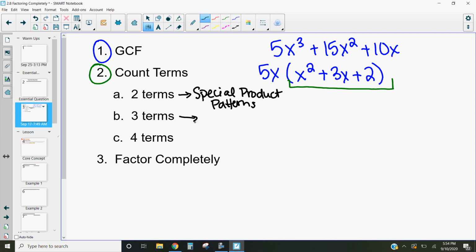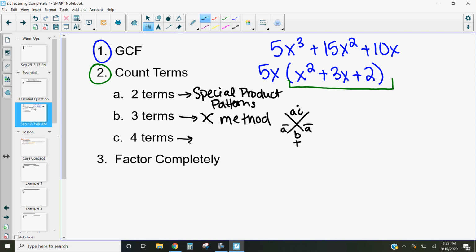This next case, when we have 3 terms or a trinomial, we are going to use that x method. So remember, the x method is where we multiply our a times c on the top, add to the b on the bottom. We get these, and then we're going to divide by a to whatever we get inside. We had a couple videos practicing it, sometimes where we had an a, or sometimes where a equaled 1.